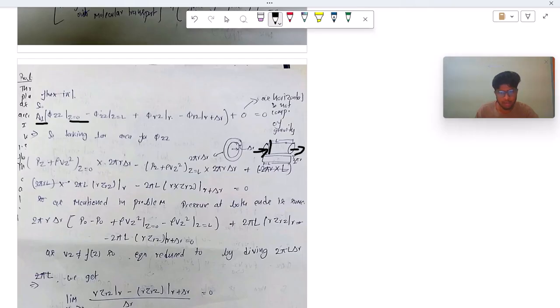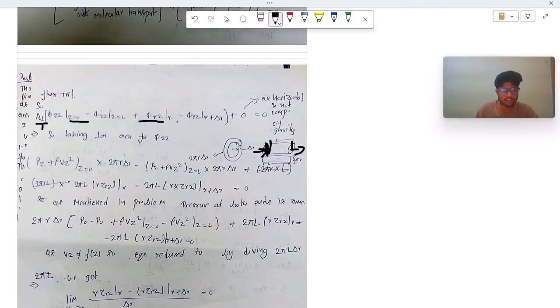At z equal to 0 and z equal to L, the area perpendicular to this component, this circle, is equal to 2π r into delta r.